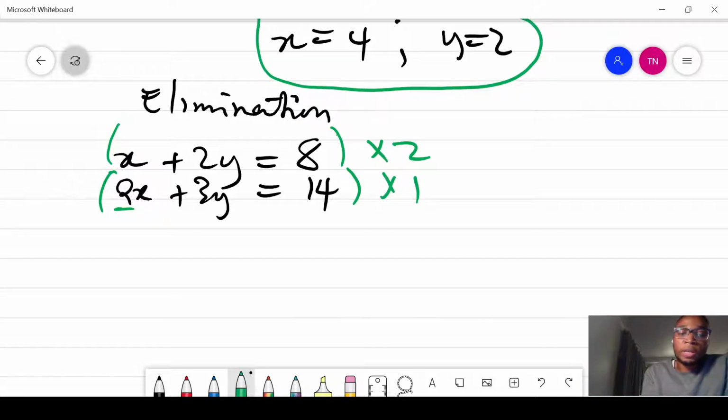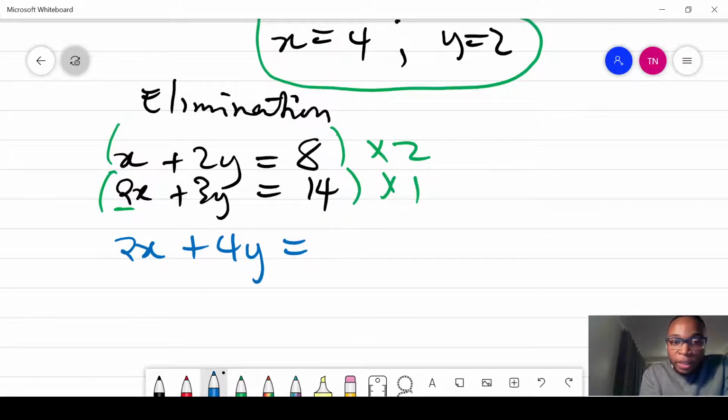So on doing that, we're going to have 2 times x, that becomes 2x, then 2 times 2y becomes 4y, equals 2 times 8, that is 16. And we're going to have this equation remain the same, because if you multiply this whole thing by 1, it still remains the same thing. So that becomes 2x plus 3y equals 14.